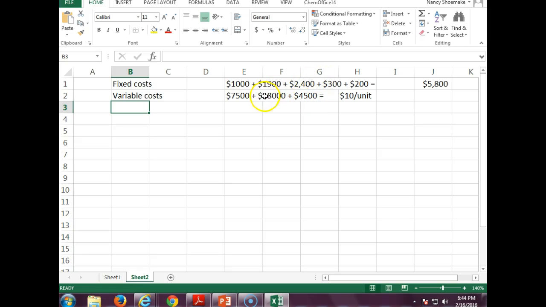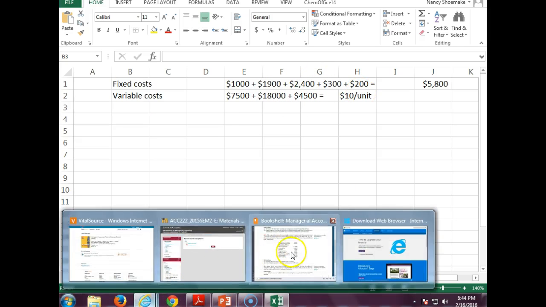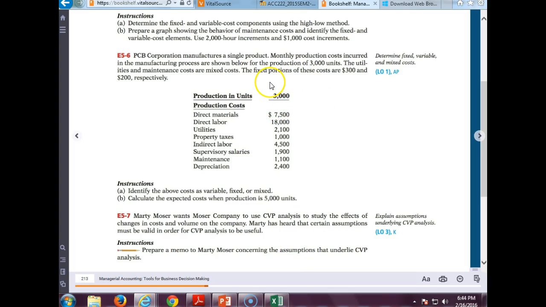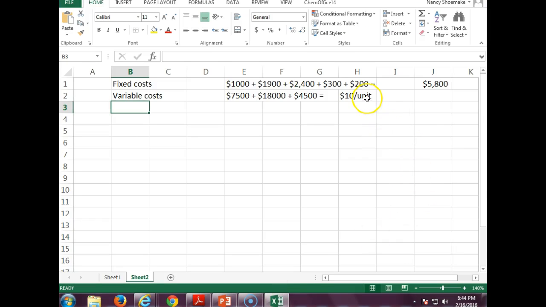We take all those total costs divided by 3,000 units. That gave us $10 per unit.